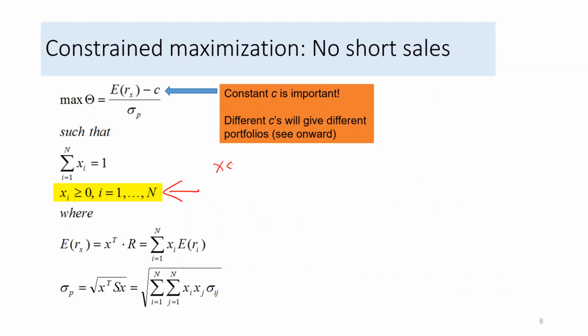If X is negative, we're saying that we're borrowing money from X. Another way of understanding it is we are short selling X. So if X is greater than 0, we're just saying you're buying. If it's negative, it's selling. So we don't want any short selling here, then we need to add one more constraint here. So X is greater than or equal to 0.